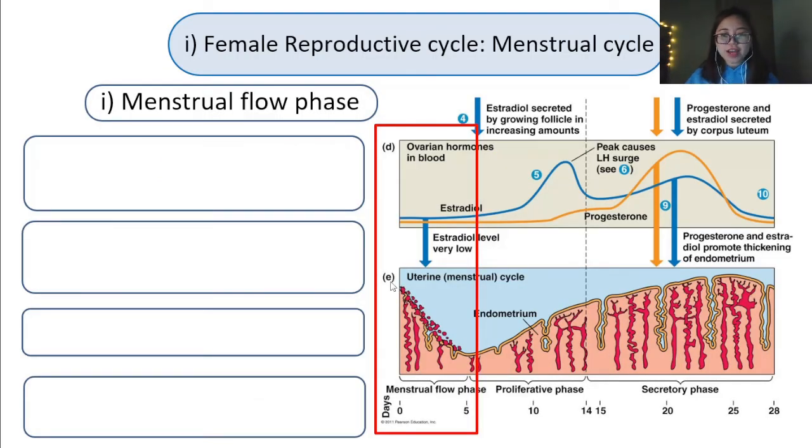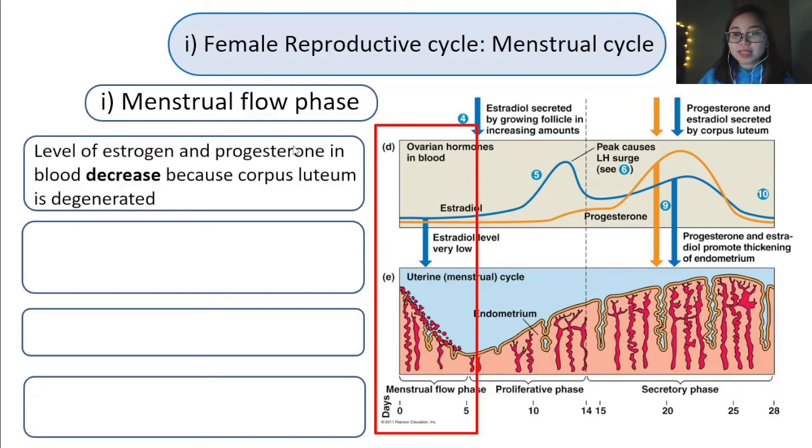Okay, kind of like fill in the blanks time now. We are going to start our menstrual cycle with the menstrual flow phase. So, this is the part where we start bleeding. During the menstrual flow phase, the level of estrogen and progesterone in the blood will decrease because the corpus luteum is being degenerated.